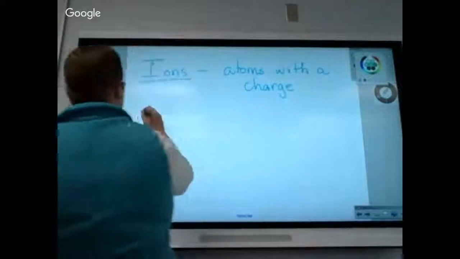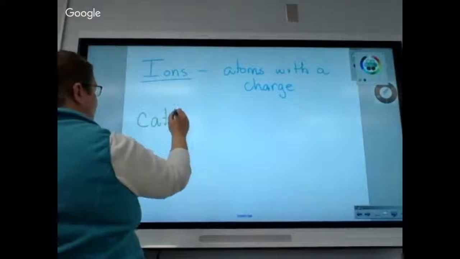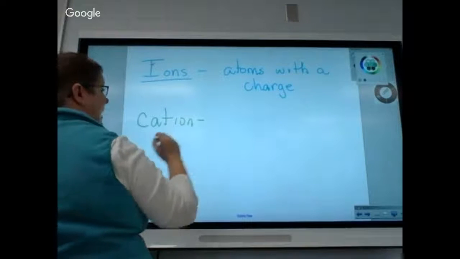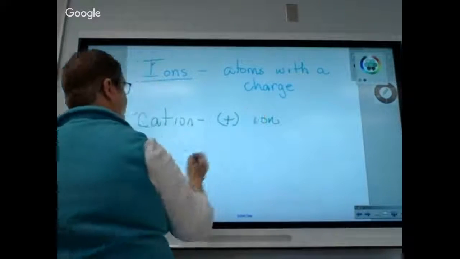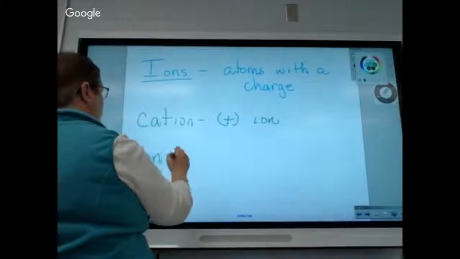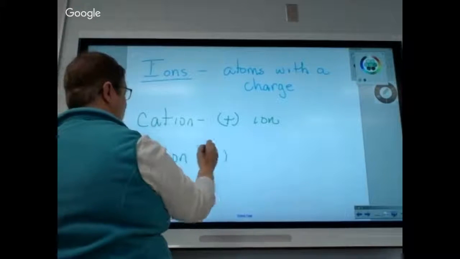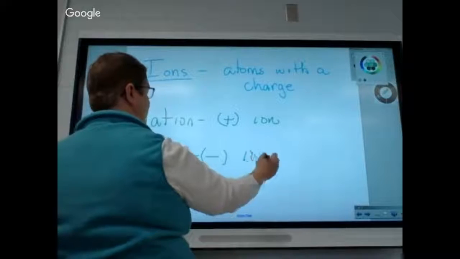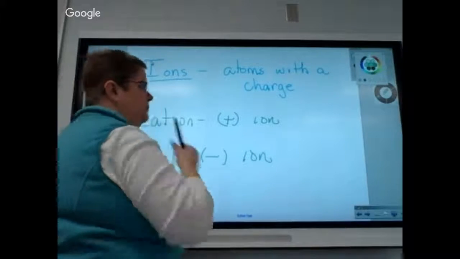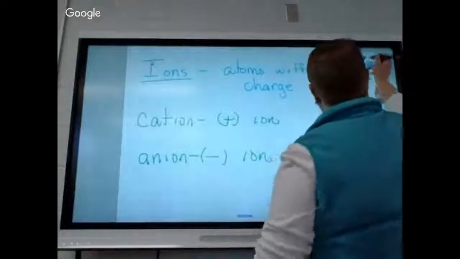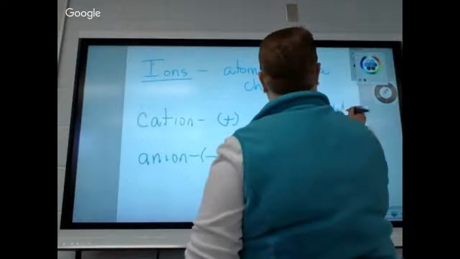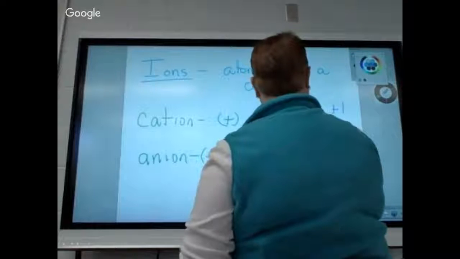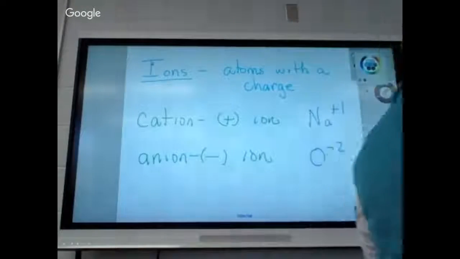One is called a cation. A cation is a positive ion. An anion is a negative ion. So, as an example, a cation would be like Na with a +1, and an anion would be like an O with a -2.